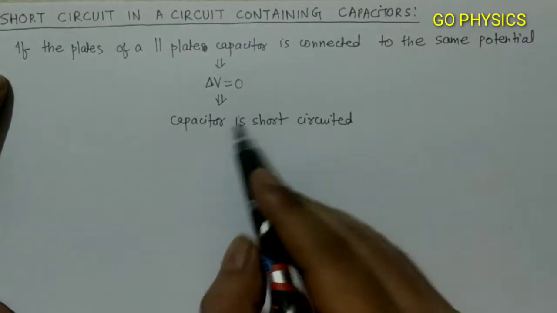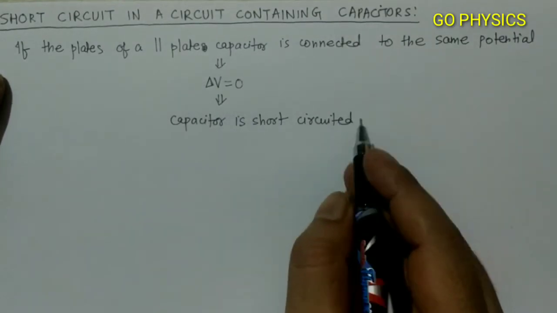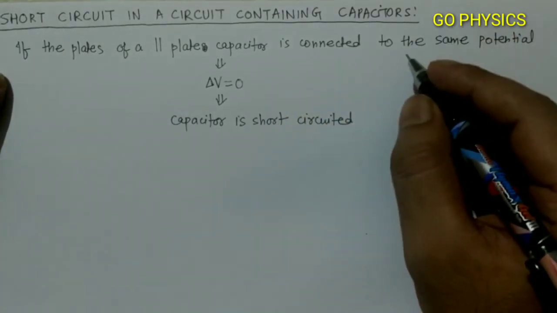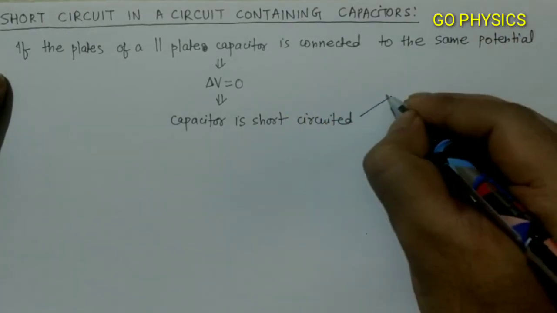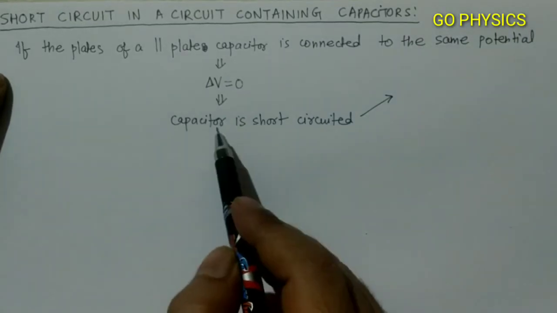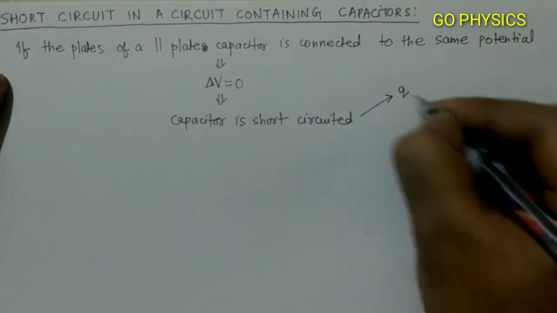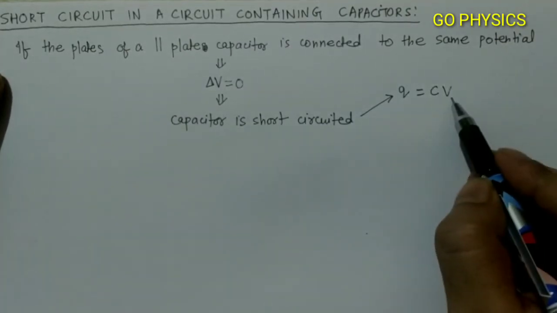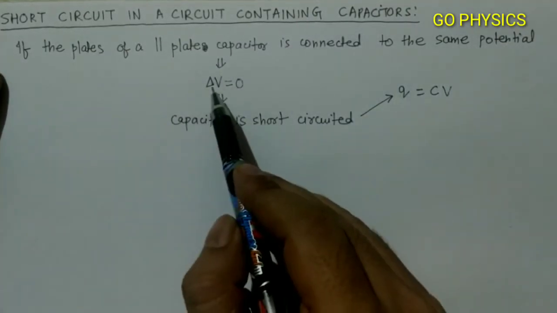So if a capacitor is short circuited, there are 2 points we should remember. One is that the charge on that particular capacitor, Q equal to what? Q equal to CV, where V is the potential difference.